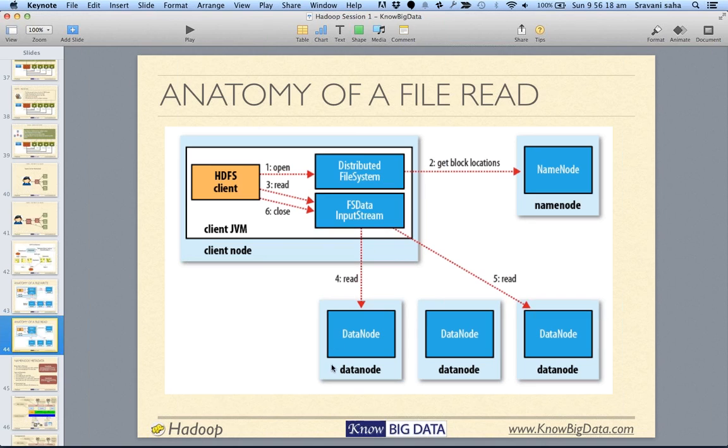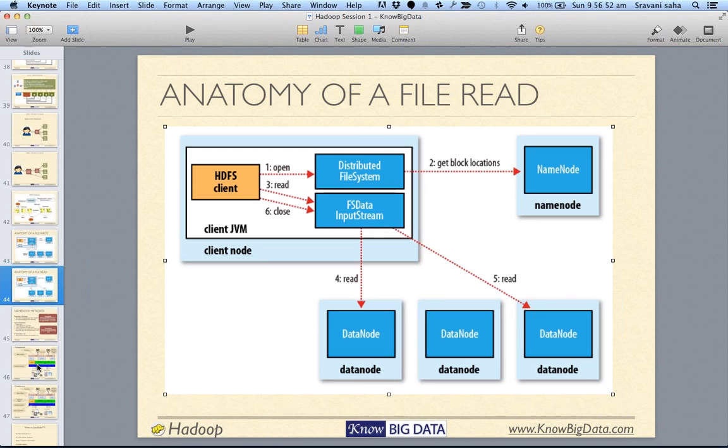And the name node gives the location of each block as they are located inside the data nodes. Then the client goes to each of these data nodes and starts reading. The name node also knows which data nodes are more busy, and accordingly it gives the preferred locations of data nodes, so that all the requests for the blocks do not go to a single data node. So that is how the file system is designed.